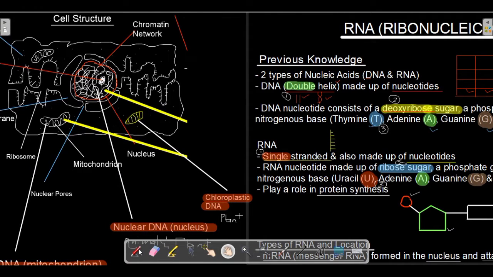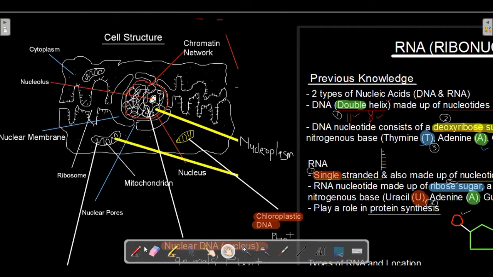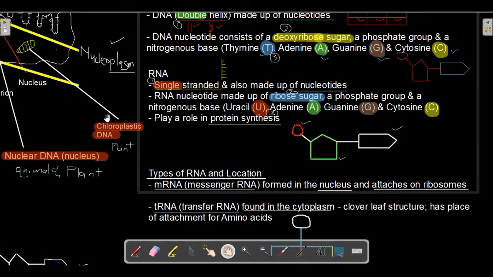I should have maybe written that here. So that is also a jelly-like substance, but it is inside the nucleus, right? So both of these are jelly-like substances. Okay, this is inside the nucleus, and that is inside the cell as a whole, right?